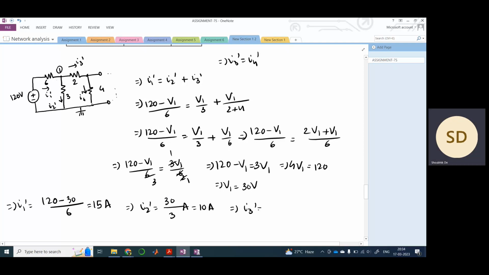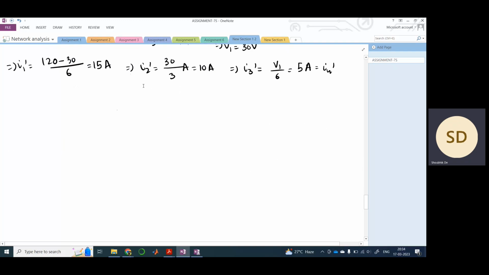Then what would be I3 dash? It would be V1 divided by 6, so this is 5 ampere, and this is also equal to I4 dash, because this is the current that is flowing. So this is the first part.